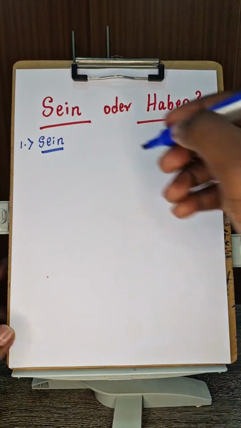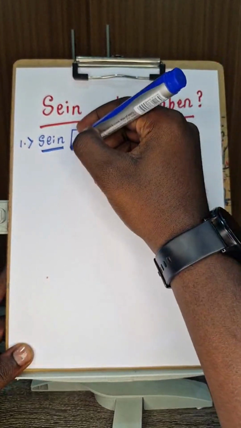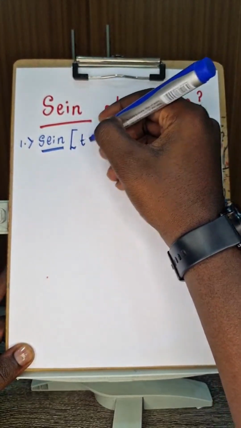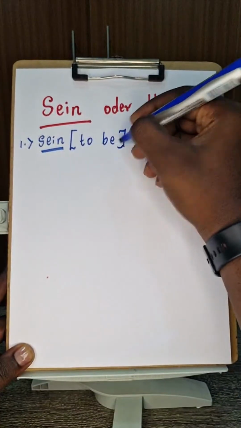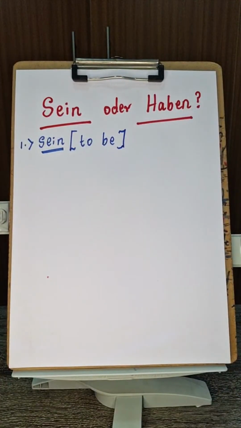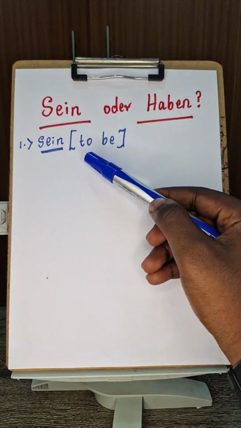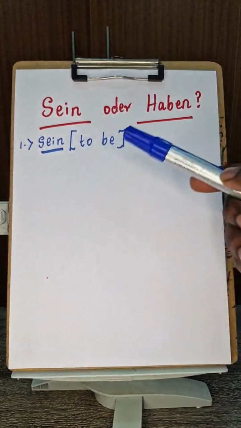Now, sein means to be. It tends to be one of the irregular verbs. Many people confuse irregular verbs with regular verbs, and sein falls in the category of irregular verbs.